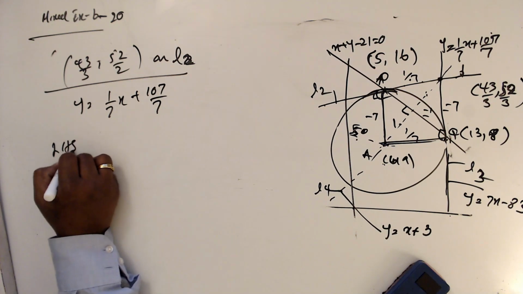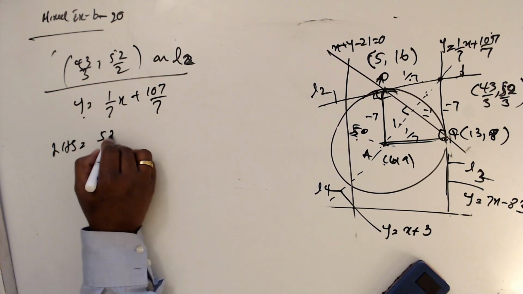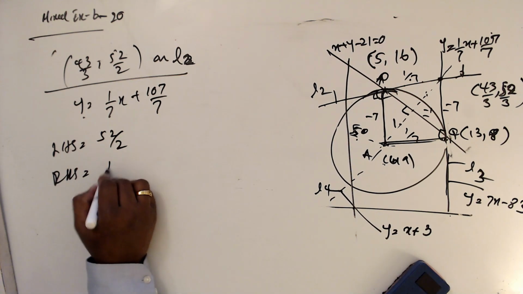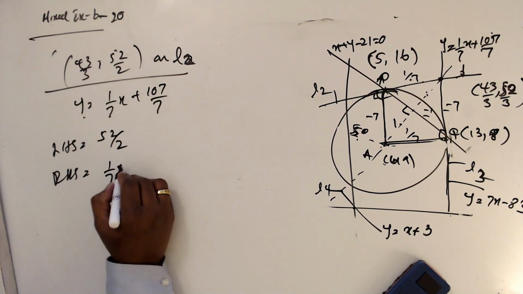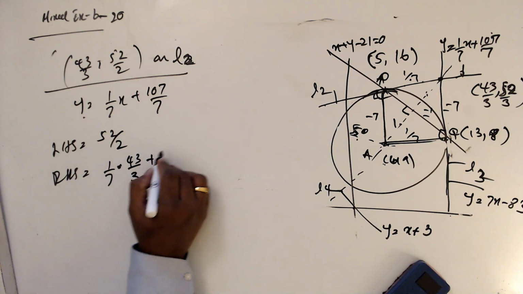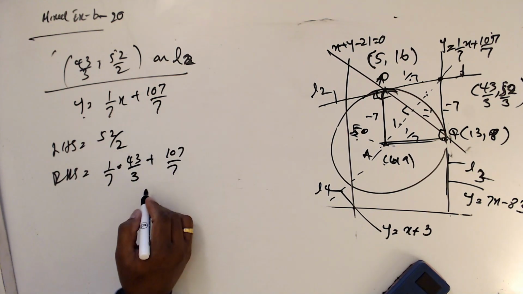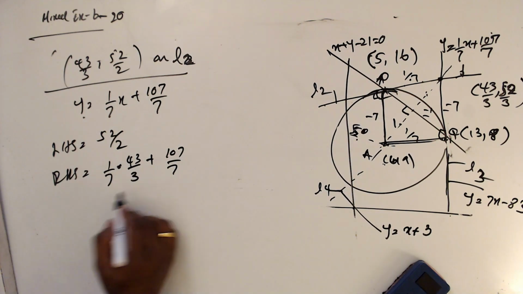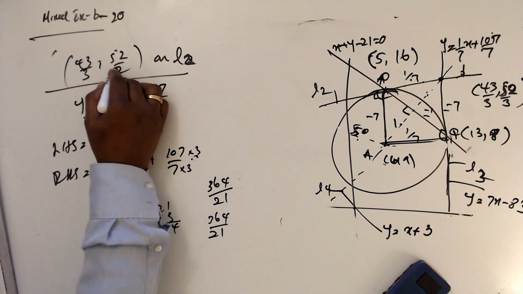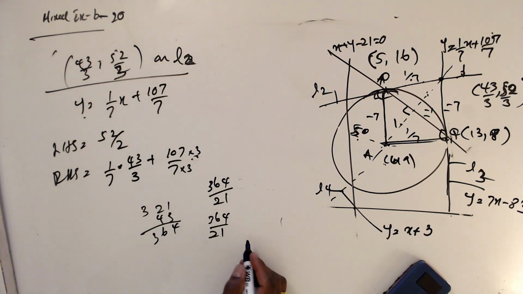So the left hand side, y equals 52 over 3. The right hand side equals 1 over 7 times 43 over 3 plus 1 over 7 over 7. So this is 52 over 3.